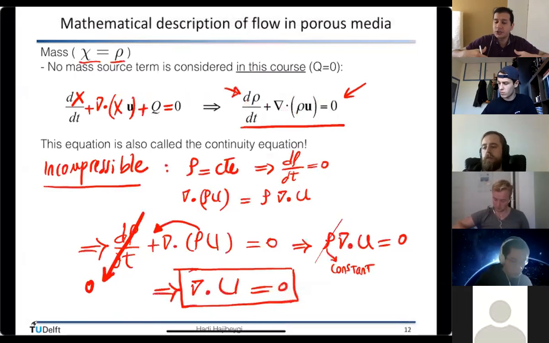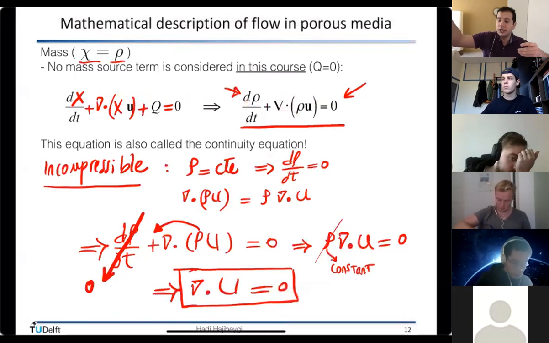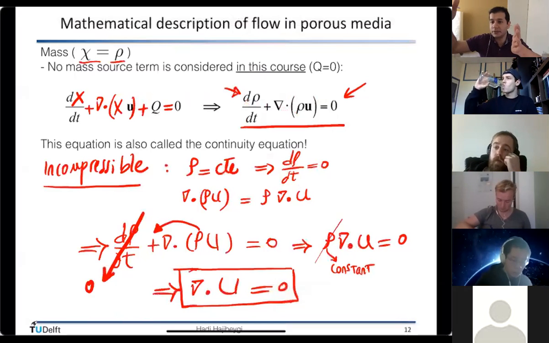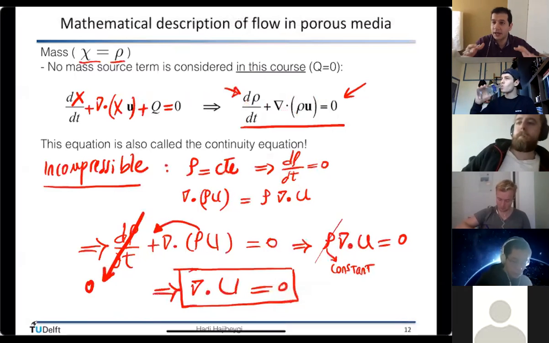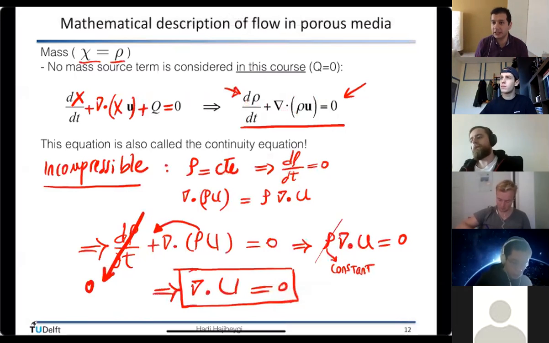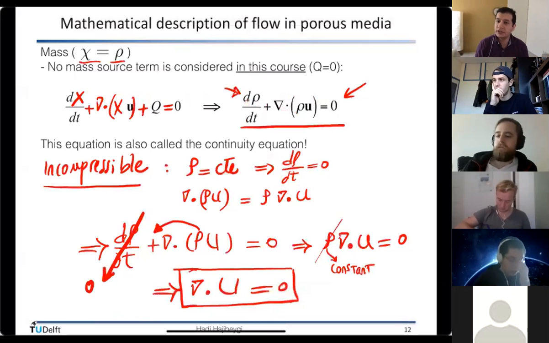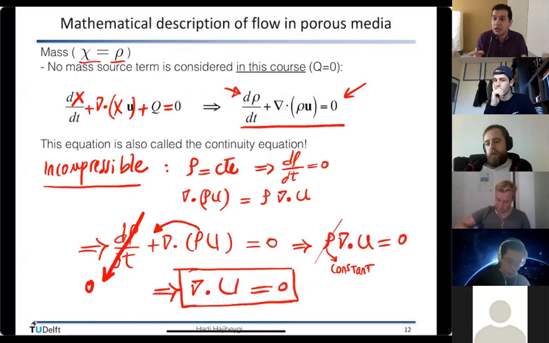When divergence of a flux is 0, it means whatever goes is equal to whatever comes. And that's precisely what incompressibility means in the absence of a source term. If there is no source term, whatever leaves is equal to whatever comes, because there is no other way to change the mass of a fixed volume.